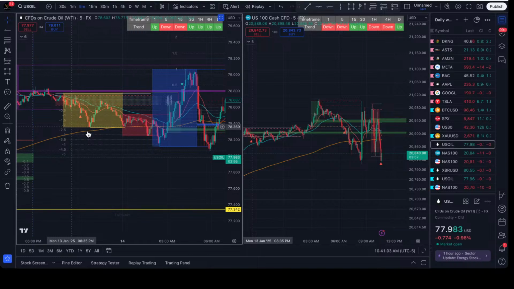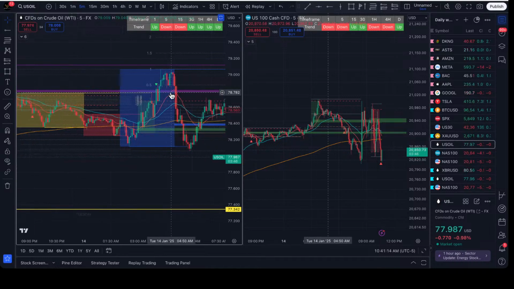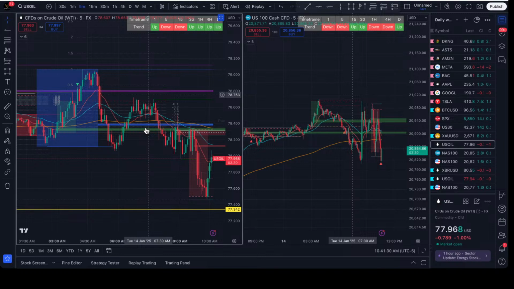Same thing with London. London traded right into the purple zone, above and bounced off of it. And depending on where the purple zone is lined up, you can even use that as your TP as well, if it's in your directional bias.